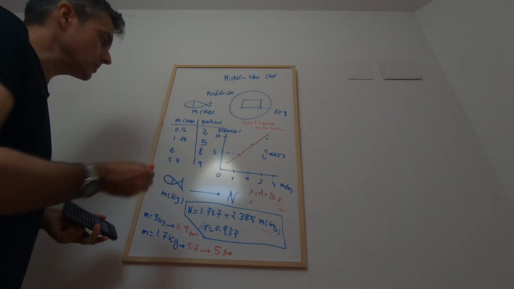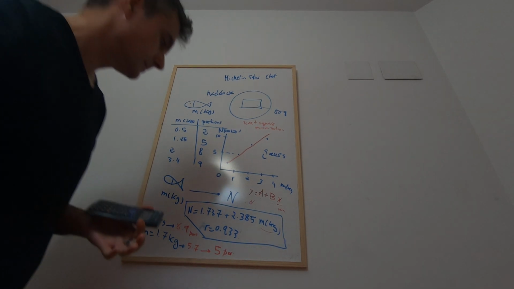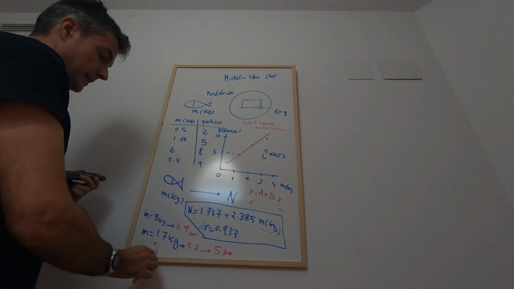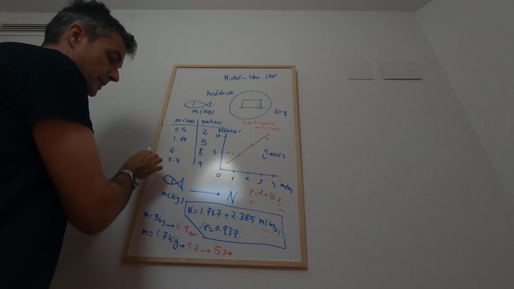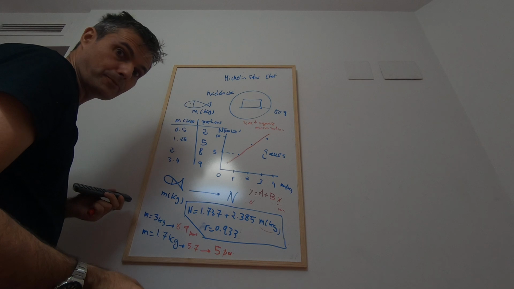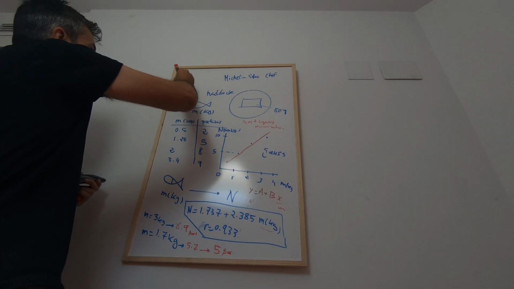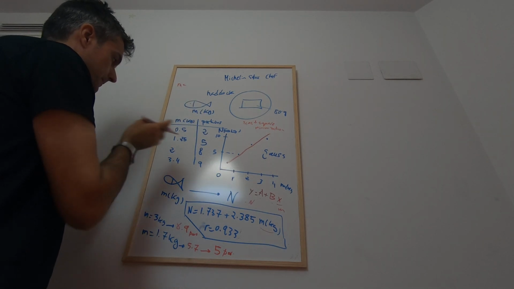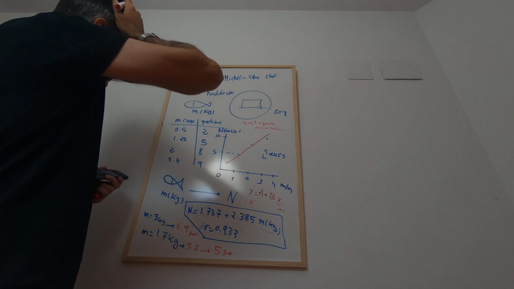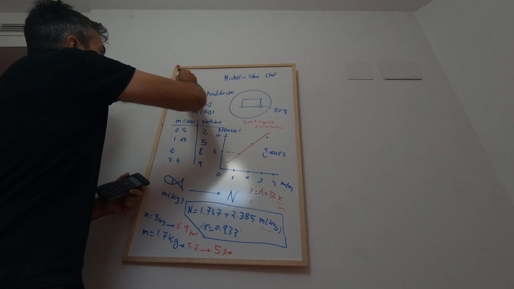Let me get you another one, like 2.5. What happens with 2.5 kilos? You can see that both with 1.7 and with 1.25, it gets the same number of portions, which is quite surprising. Let me get another one, 0.7 kilos.